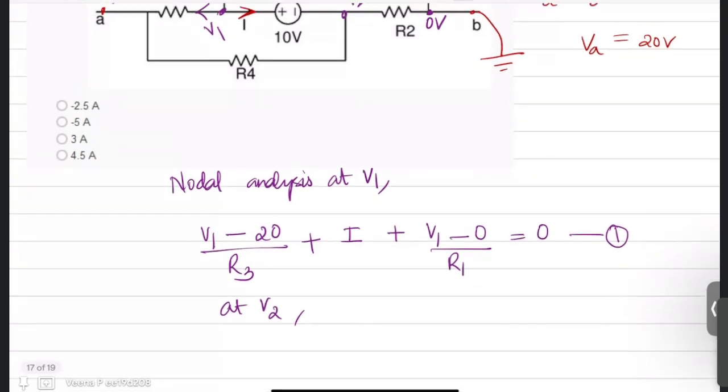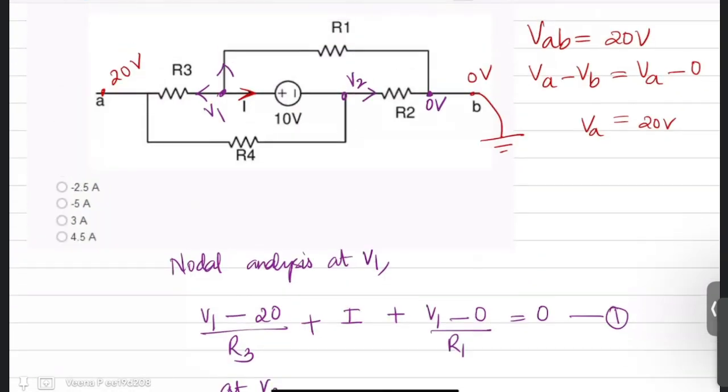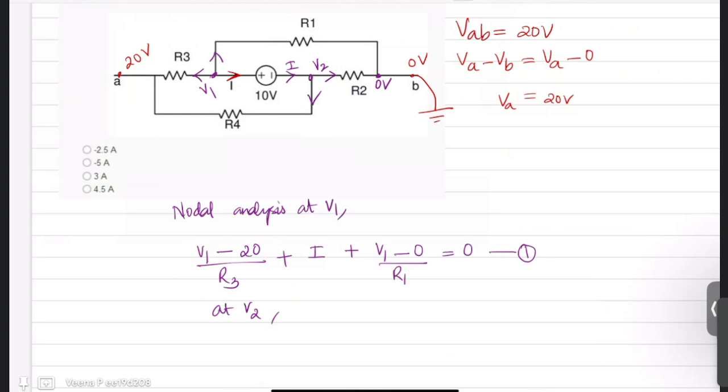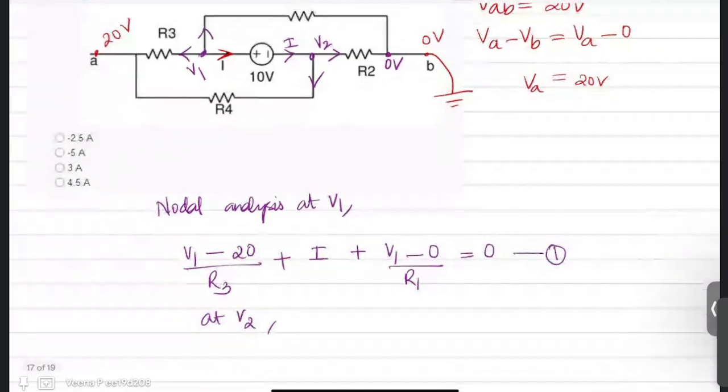Now at V2, I have this outgoing current, this outgoing current and this outgoing current. I is anyway fixed in direction, so this is my I. At V2, I is incoming, which is equal to outgoing.